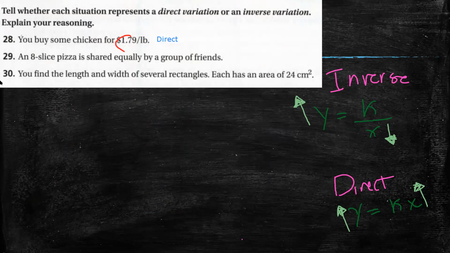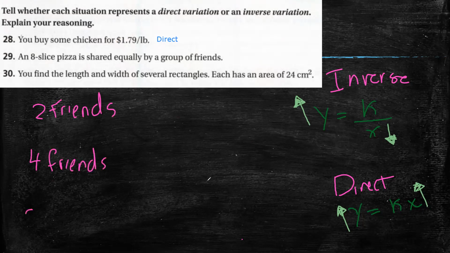Now, number 29. An 8-slice pizza is shared equally by a group of friends. So, if you are now 2 friends, if you are 4 friends, and if you are 8 friends.